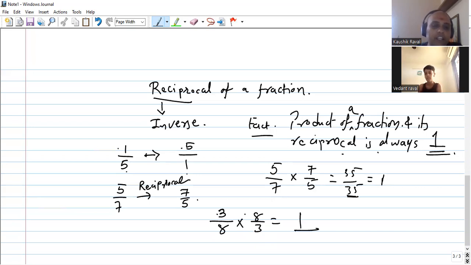You can directly say 1. You can do it this way also. The denominator also has 8. So numerator and denominator cancel. What is left? Only 1. So the final answer is always 1. Okay.